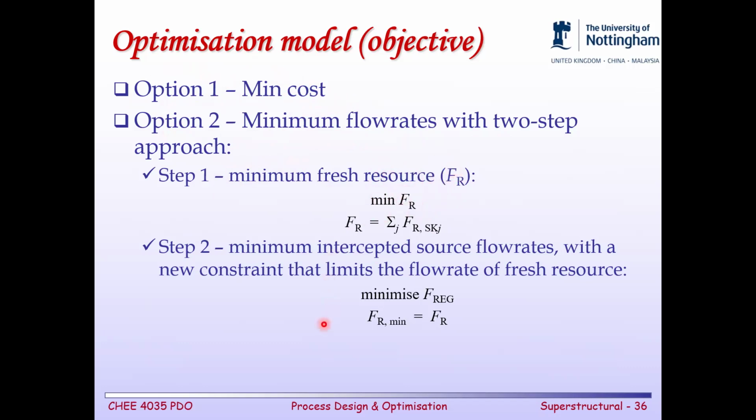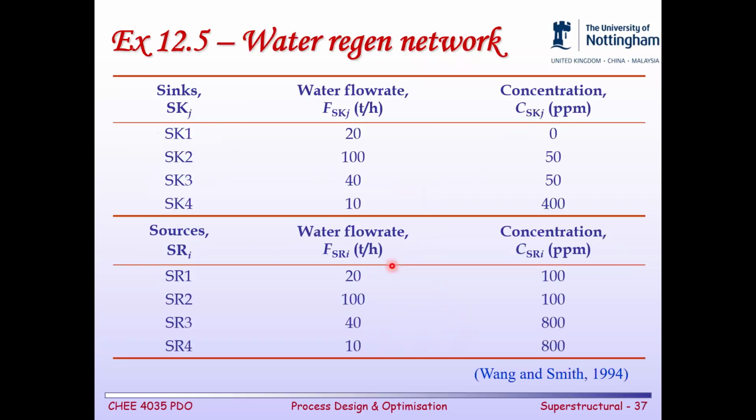In the second step, we minimize the regeneration flow rate with the additional constraint that what we obtained from the first step, we assign as the freshwater flow rate. Okay, so let's try it using this new data from Wang and Smith.